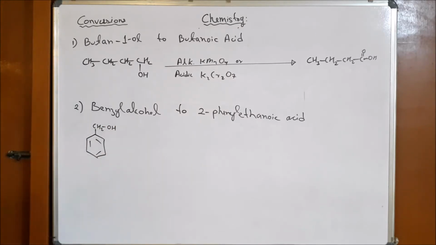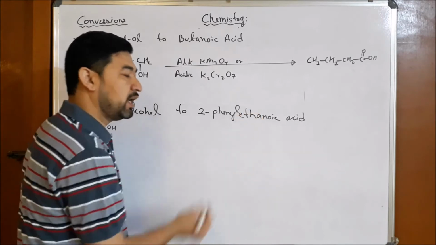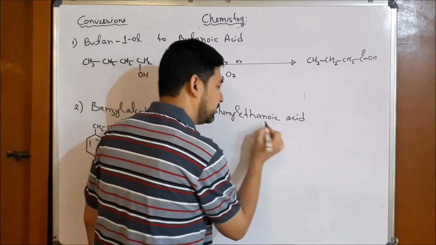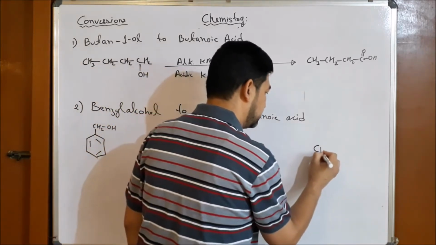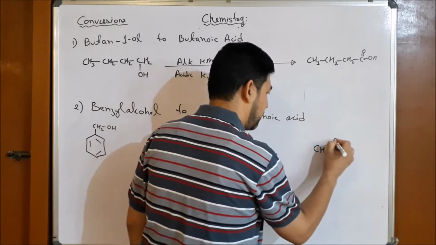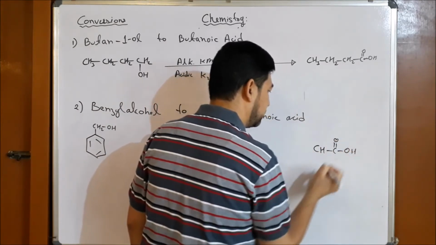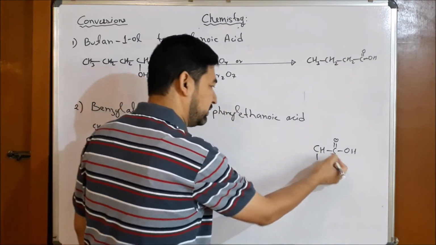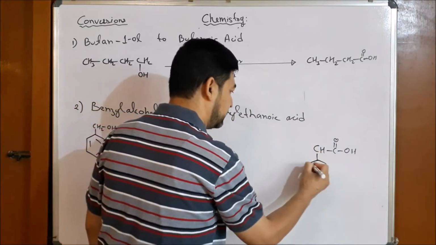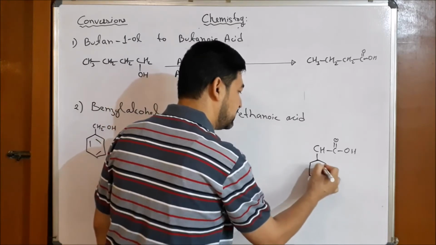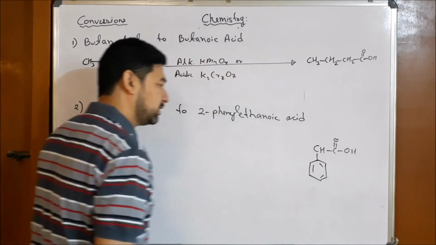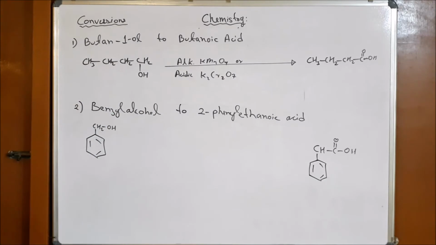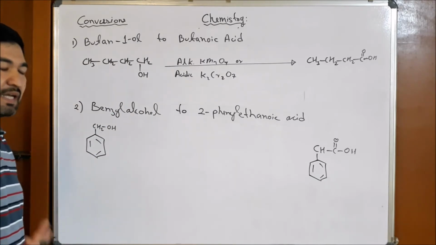Then we have 2-phenylethanoic acid, where ethanoic acid is the main group. So I'll write CH2COOH. This is our ethanoic acid. It's 2-phenyl, so this is carbon number 1, carbon number 2, 2-phenyl. Benzene as a branch is called phenyl. Otherwise, if it is a word root, we name it benzene only.